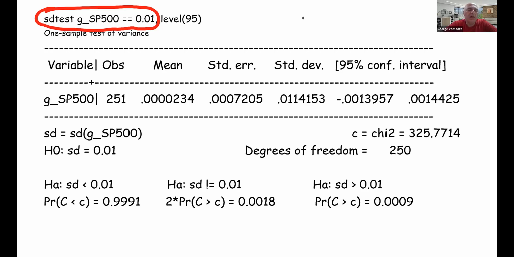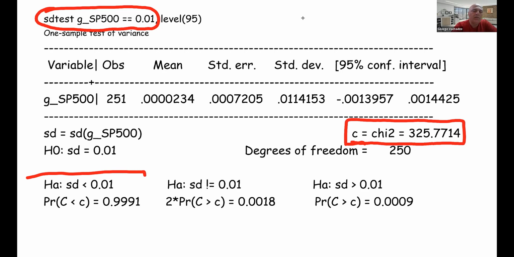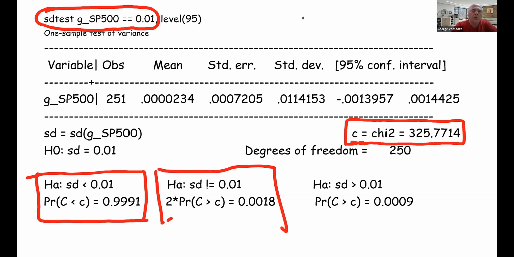So let's interpret the output a little bit. Here you see several important results. The first one is the test statistic, which is equivalent to step one we did in the PowerPoint presentation. Then we have three alternative hypotheses tested using this data set. We are interested in the middle one, the alternative that the standard deviation is not 1%.